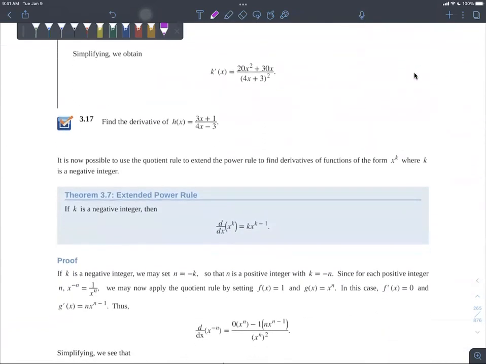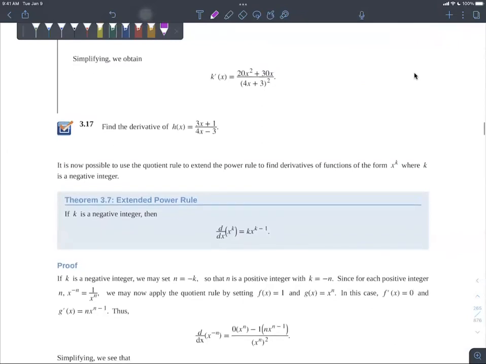So the extended power rule says it is now possible to use the quotient rule to extend the power rule to find derivatives of functions of the form x to the k, where k is a negative integer. And so before, officially, we could only find the derivative of, let's say, f of x equals x to the 5th, or g of x equals x to the 13th, right?